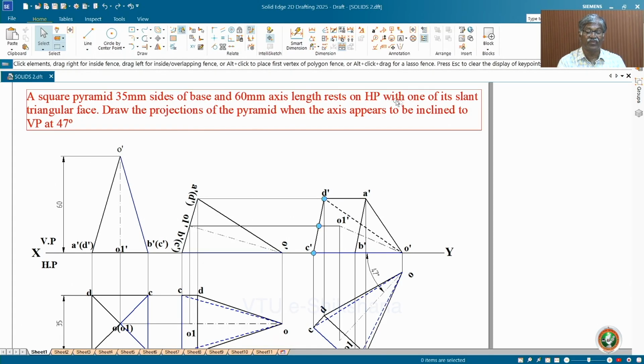Slant triangular face. If they say slant face, it is understood that it is triangular face.